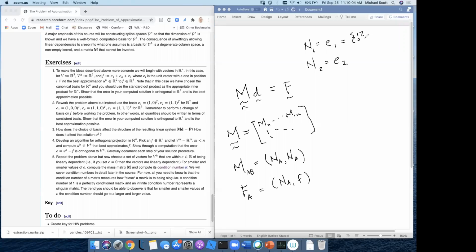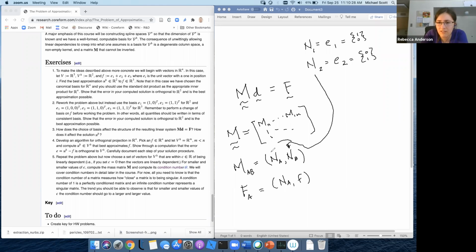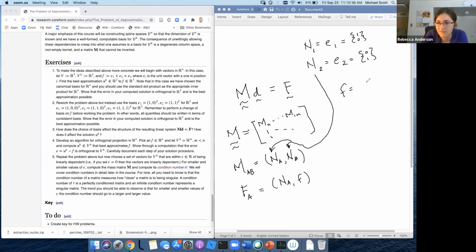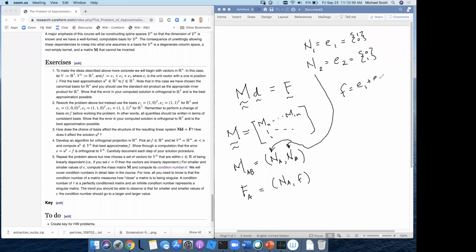The basis that spans the XY plane is the E1 and E2 vectors, like Dr. Scott wrote up there. Those are the vectors that get plugged into that inner product. So you wouldn't use a 3x3, you'd use a 2x2? A 2x2, correct. Because then you're trying to approximate F with a combination of E1 and E2.